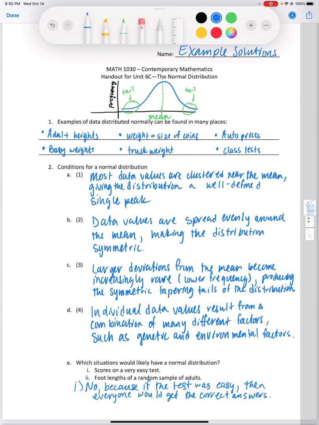There would be no middling ground. Everybody would just get A's.